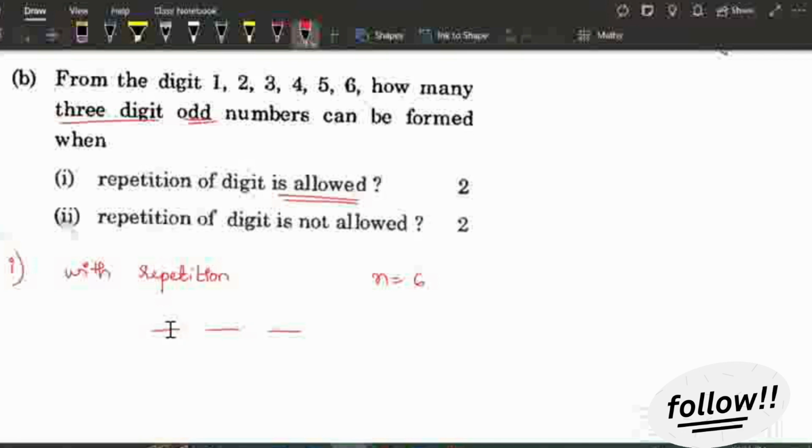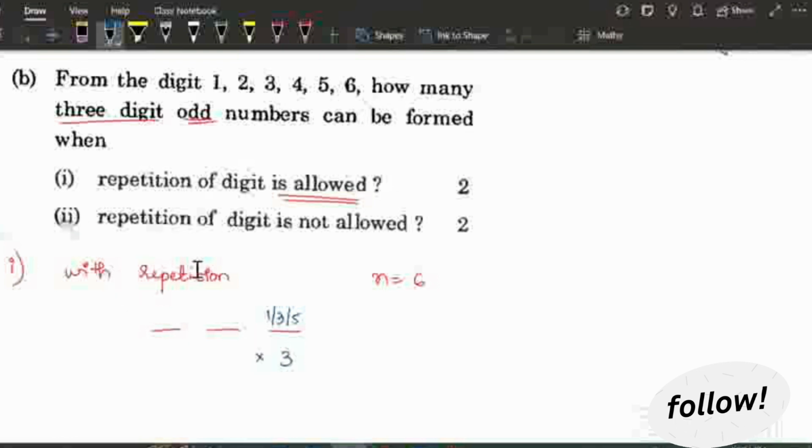We have to consider each digit separately. Now the last digit, since it has to be an odd number, must be 1, 3, or 5. For the last digit, we don't have all the numbers as options because it should end with an odd number, and we have only 3 odd numbers here. So I have 3 ways of filling the last digit.